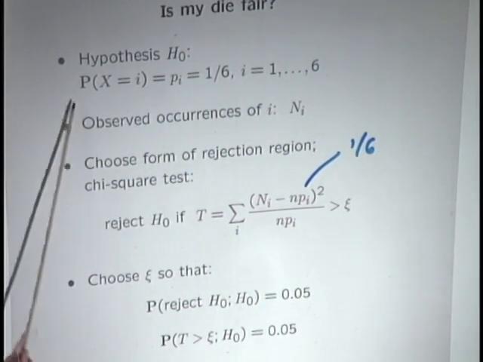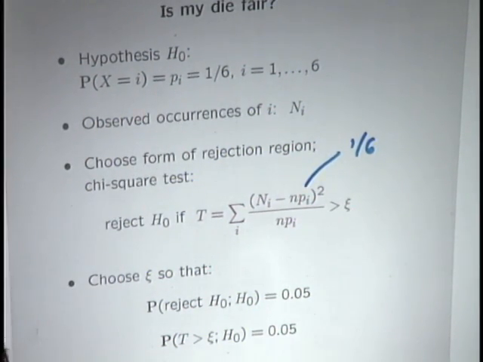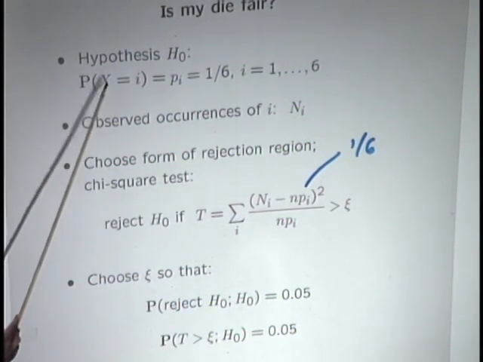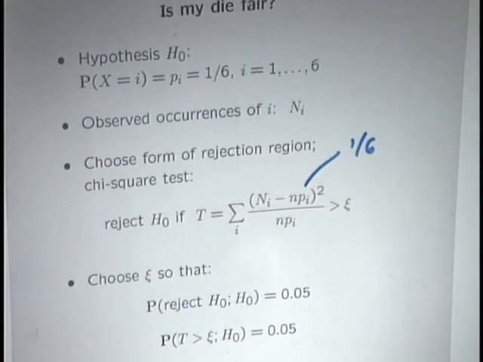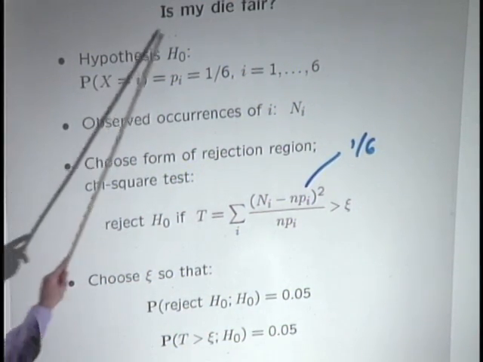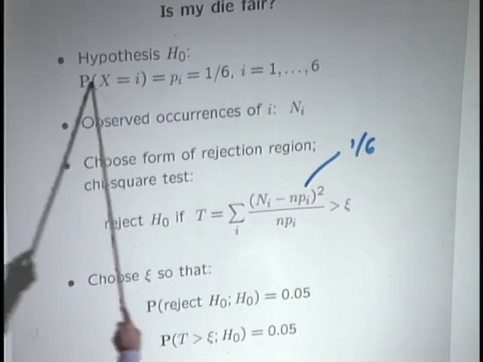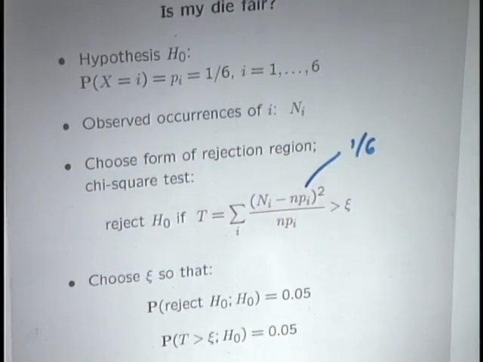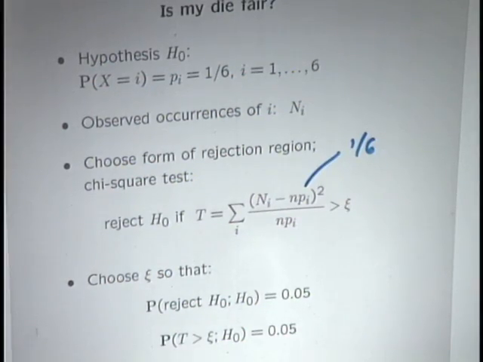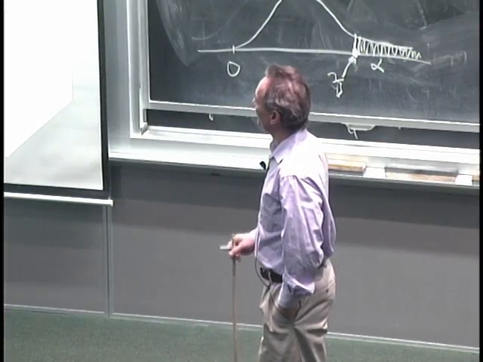So my null hypothesis here was a particular PMF for the random variable capital X. So another way of phrasing what happened in this problem was the question, is my PMF correct? So this is the PMF of the result of one die roll. You're asking the question, is my PMF correct?